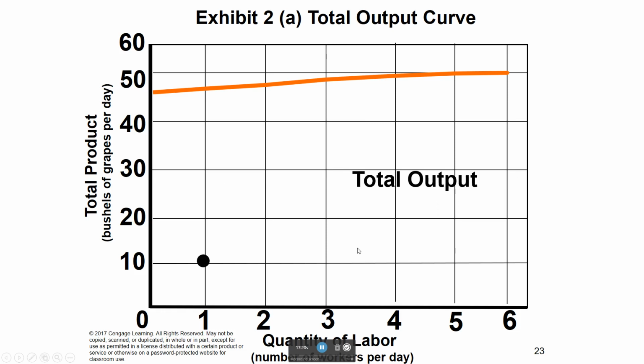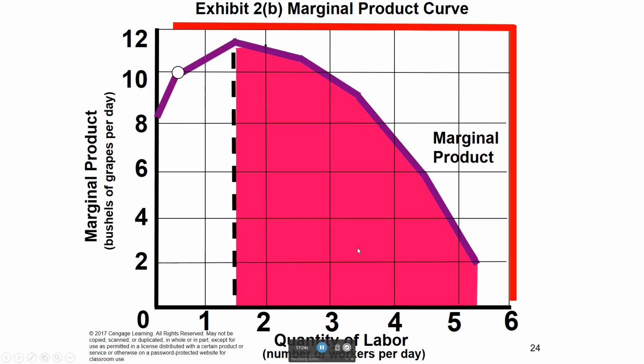Here's total output. Here's what that marginal product might look like. In this case, we go from 0 to 10 with 1 worker. That gains 10 bushels. For the second worker, we mark these on the half because they're marginal products.